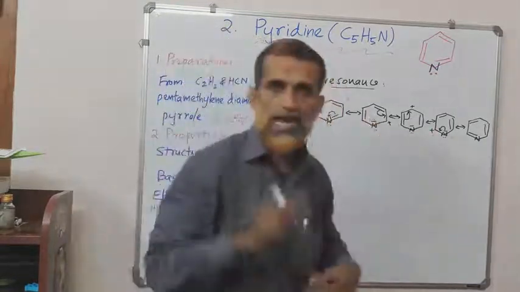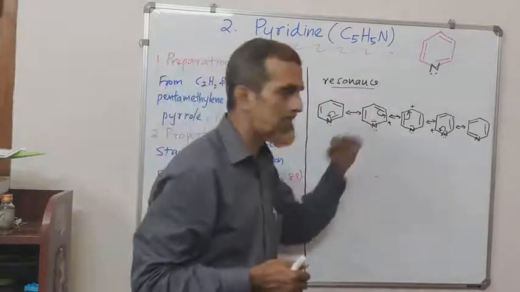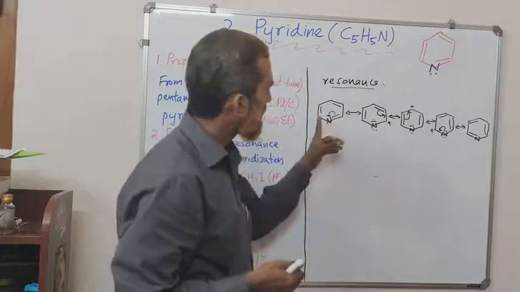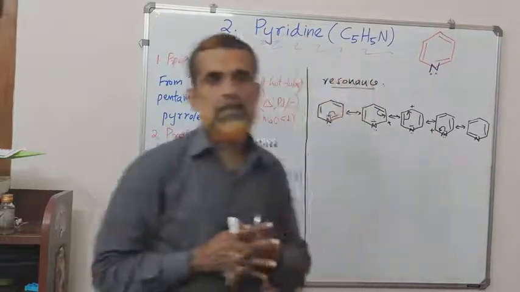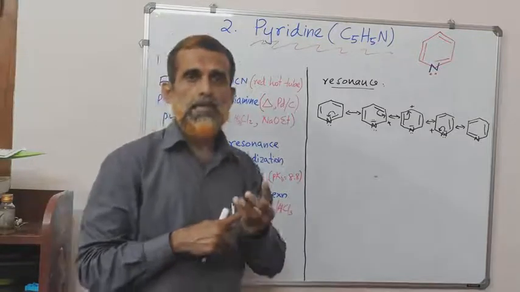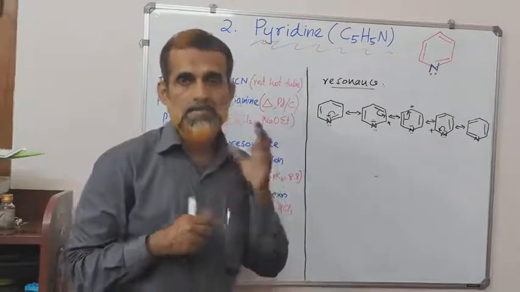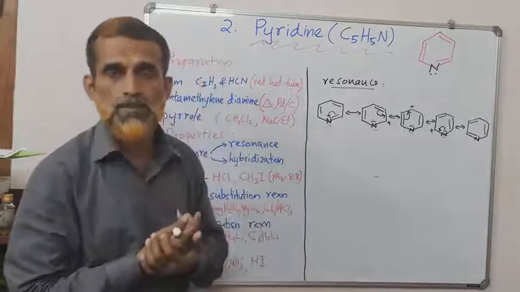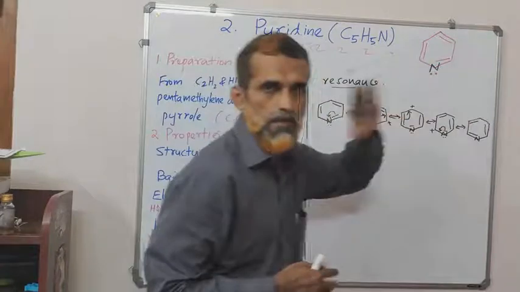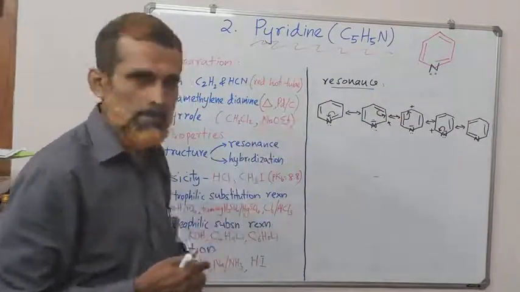These 3 are carrying charges. Charge separation is there, and these structures are important in explaining basicity, reactivity towards electrophilic and nucleophilic substitution, and the orientation. So these structures have to be kept in mind for further discussion.